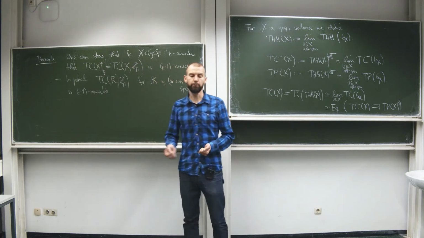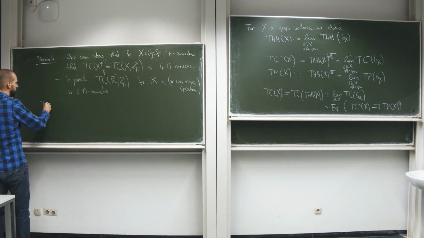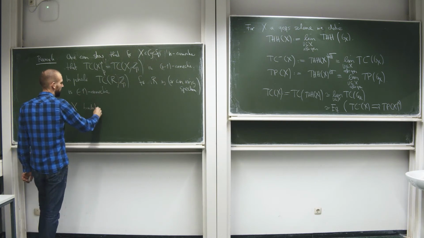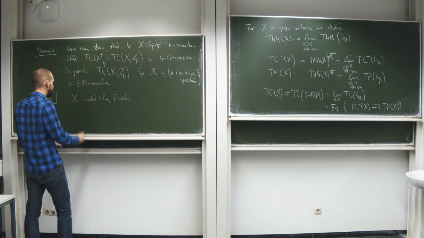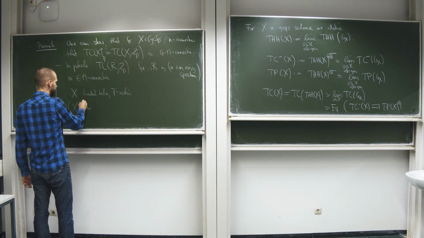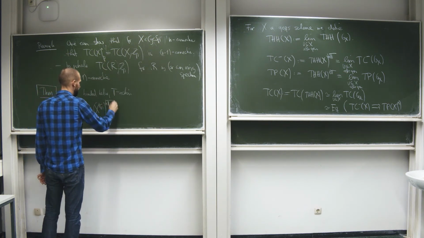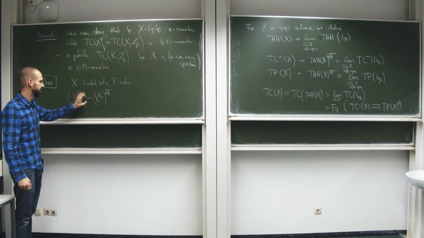But for today I want to prove the theorem I had on the board, and let's remember what the theorem was. The theorem stated that if X is bounded below with T action, then X Tate T, let me sloppily write, X Tate T p-complete is equivalent to Tate C_p homotopy fixed points T. And if X is already p-complete, then the p-completion is unnecessary here.